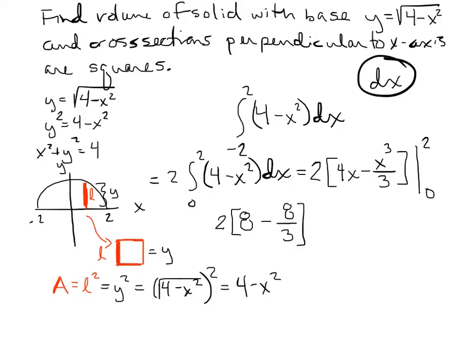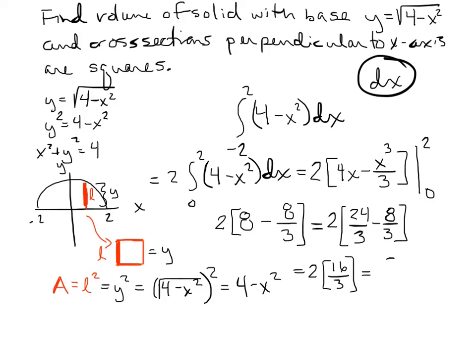What do we need? Common denominator of 3, I guess. So let's do 2 times 8 times 3, which would be 24, minus 8/3. And 24 minus 8 would be 16 thirds, and 16 times 2 would be 32. Were we given units? Nope, no units, so I don't need to add those.